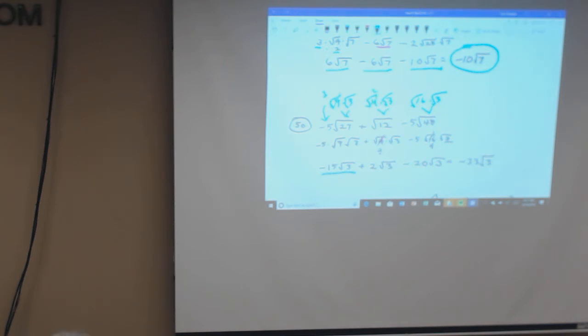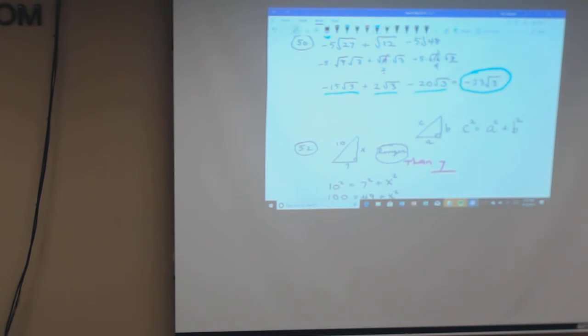So I have 2 times the square root of 3. What's the square root of 16? 4. What's 4 times negative 5? Negative 20. So I have negative 15 plus 2 minus 20 of these radical 3's. And that ends up being negative 33 times the square root of 3.